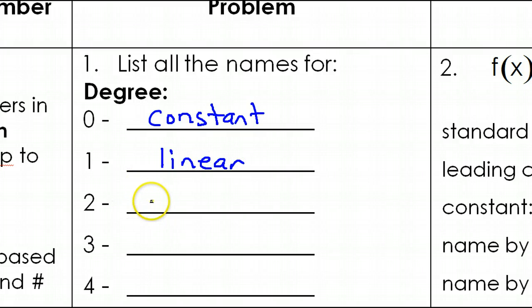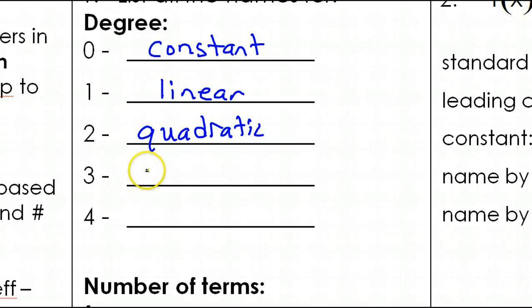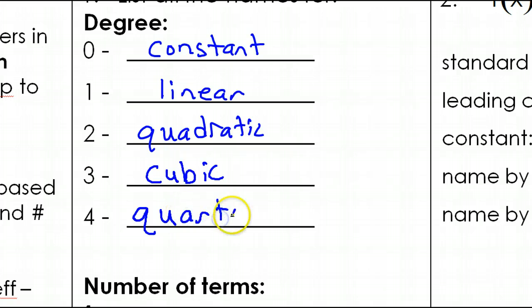If the degree is 2, that is quadratic. If the degree is 3, that is cubic. And if the degree is 4, that is quartic. Okay, so memorize that. And remember, as far as degree goes, it's all about the highest power.